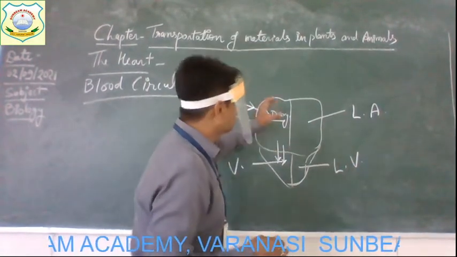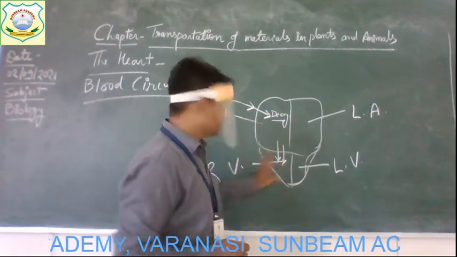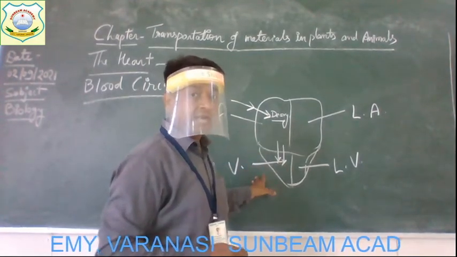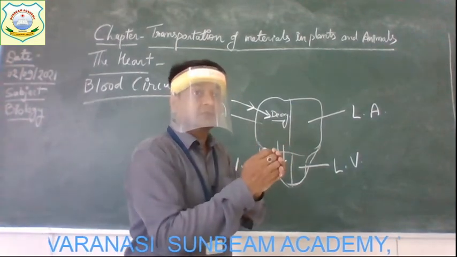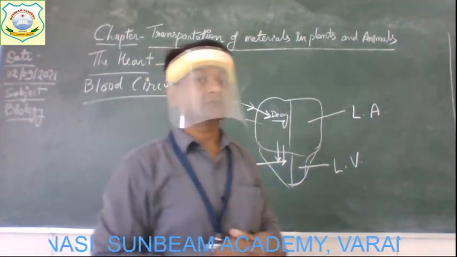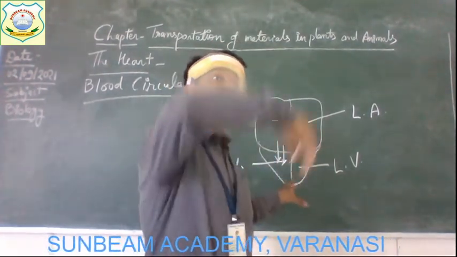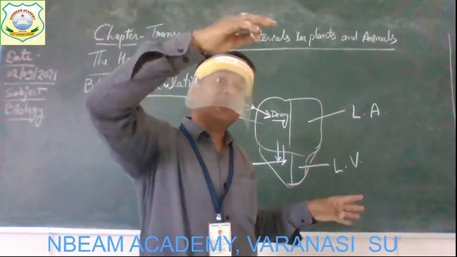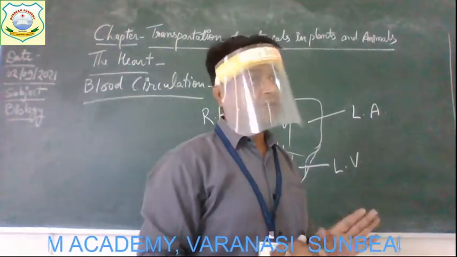So when this chamber contracts, the blood will come into the right ventricle, and again the right ventricle will contract. So what will happen? The blood moves where? It moves to the lungs for removal of carbon dioxide. Understood?